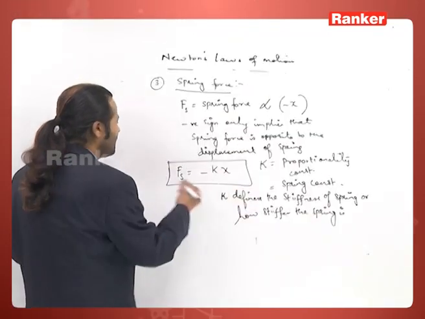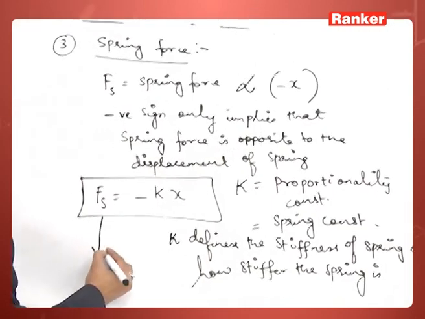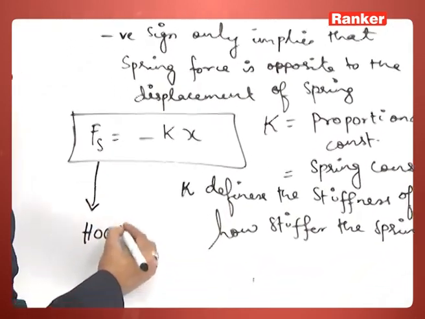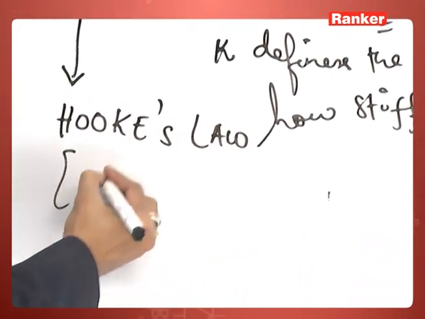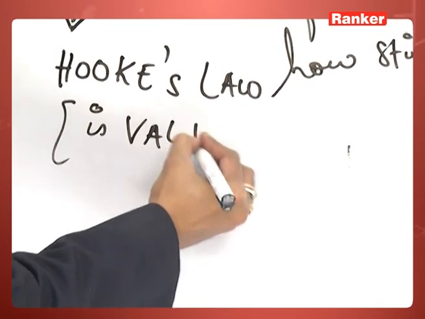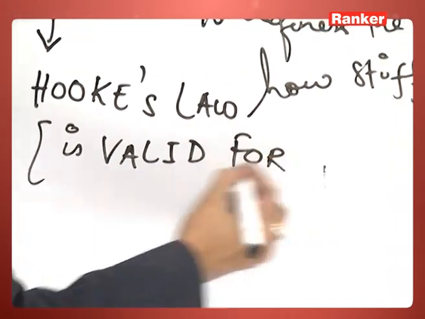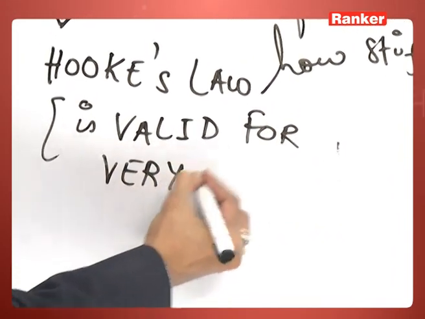And remember, this Fs equals minus Kx is defined as Hooke's law and is valid for very small displacements.